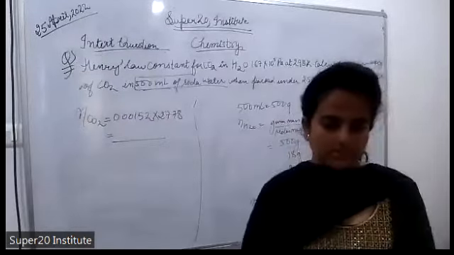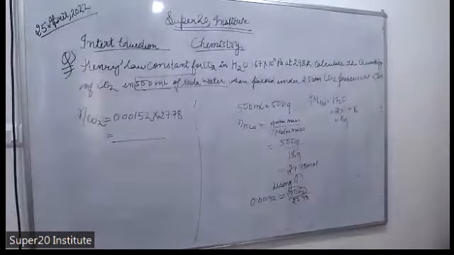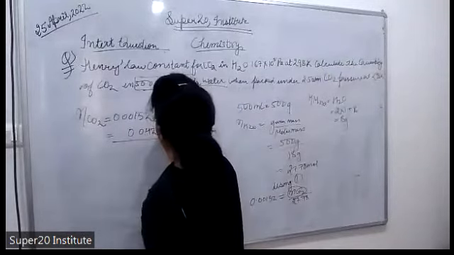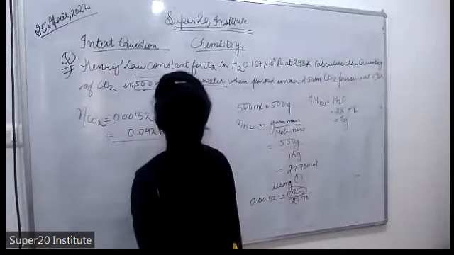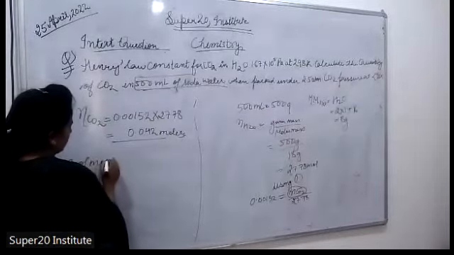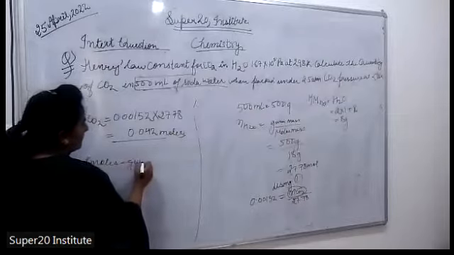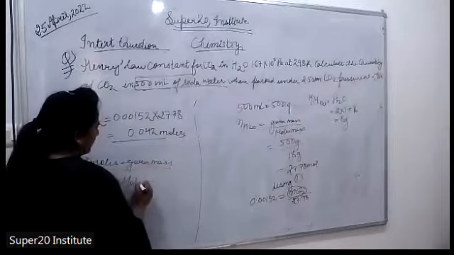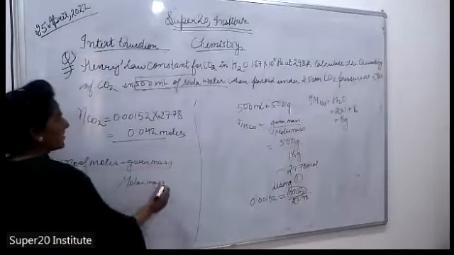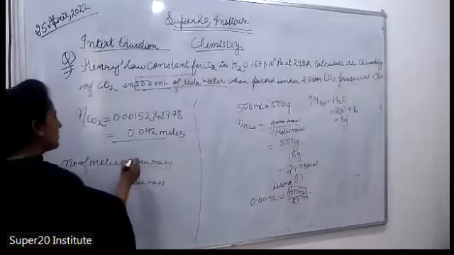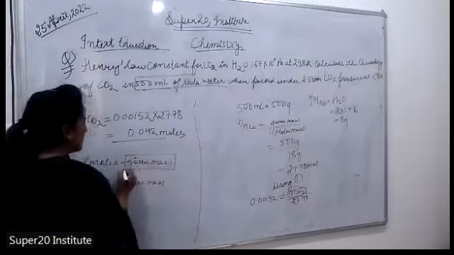Now, what is the next step? We get 0.042 moles. Now again use the formula: number of moles is equal to given mass upon molar mass. So what is the given mass? The amount of carbon dioxide that we have taken. So we have to calculate the given mass.